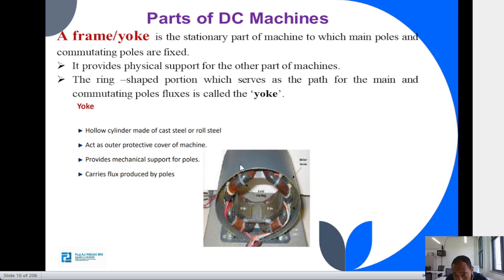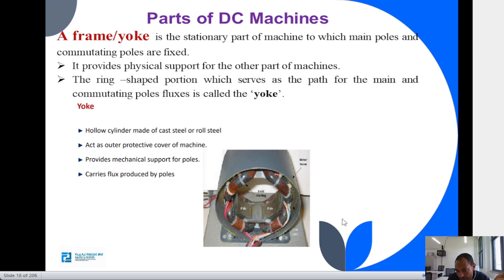So this frame or yoke provides physical support for the other parts. The main purpose of this frame is to provide physical support for the poles and for the windings. This frame is basically made from cast steel or rolled steel, and it acts as an outer protective cover for the machine.